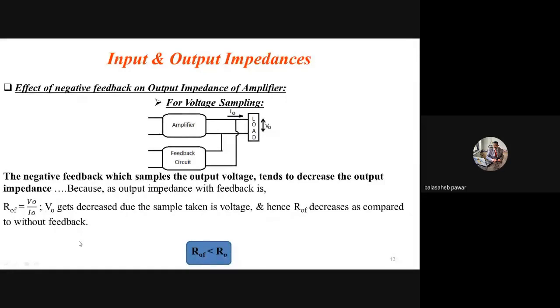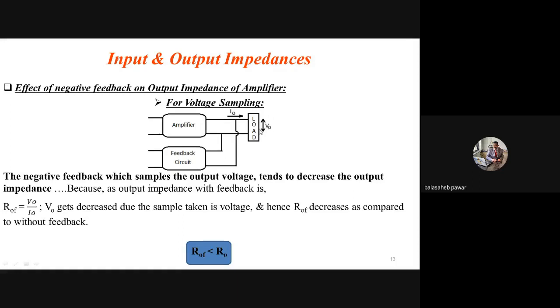Just imagine if there is no feedback. If we consider the amplifier without any feedback, there will be no sample taken from the net output, right? And if feedback is used, that means we are taking some sample and feeding back to the input side. That's why we are calling it with feedback. So if some sample is taken from the net output voltage, that is VO, that VO will get decreased.